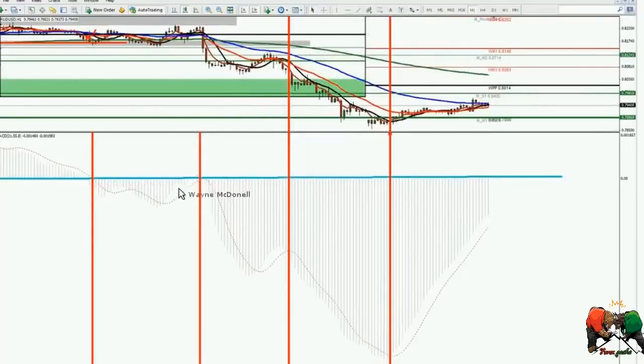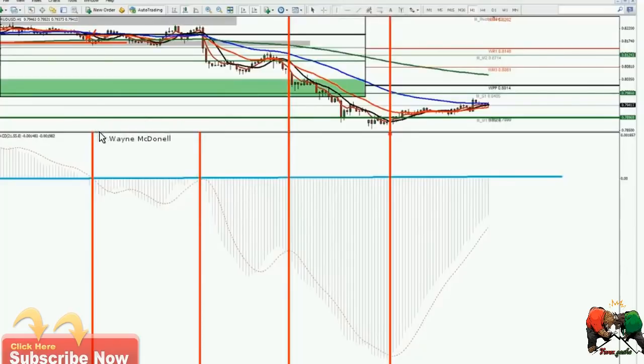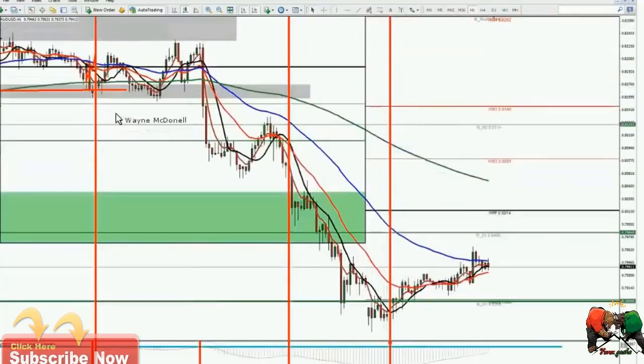The first time was here, then it kind of consolidated and then technically there, right? So let's go back to this point. The market turned bearish there. Consolidated, then boom, short. That's what the MACD is telling me.